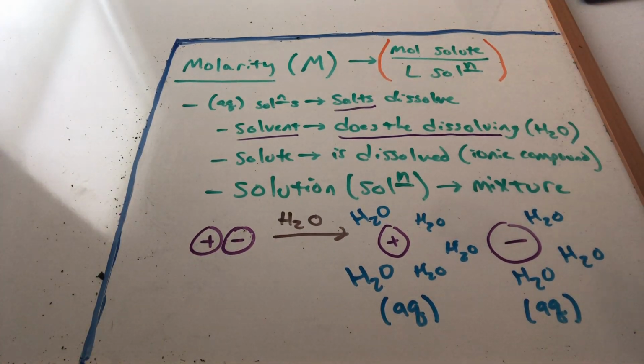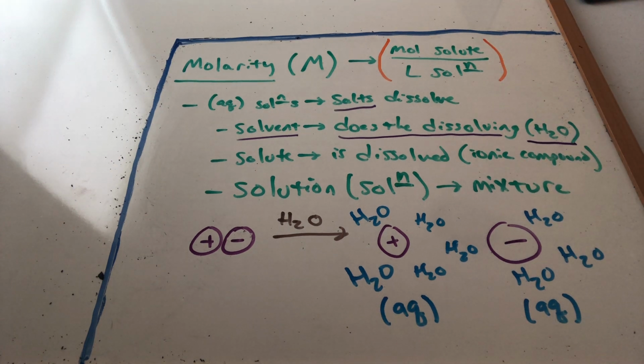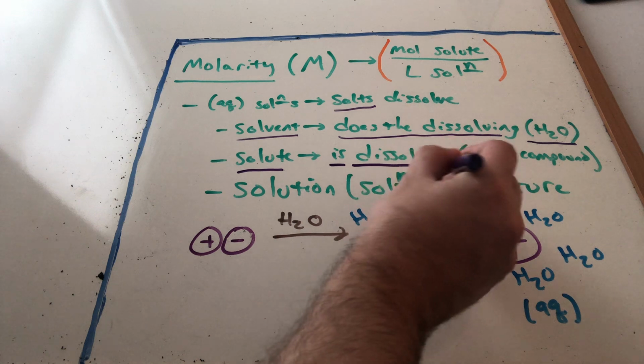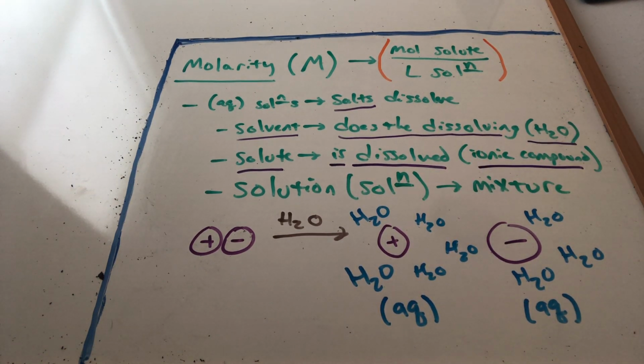It's the thing you're trying to dissolve into. In the case of this semester, our solvent is going to be H2O. The solute is the thing that you're dissolving. This semester, that's going to be ionic compounds or salts. The solution is the solvent and solute together. It's the mixture that you make.